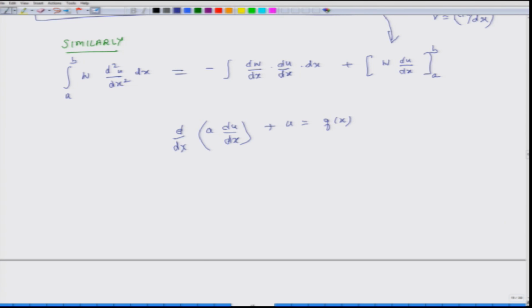Similarly, the heat conduction equation in one dimension is a second order differential equation. So, you will get in several equations second order derivatives.